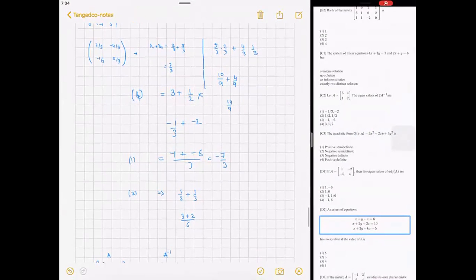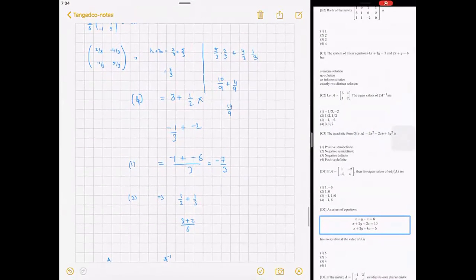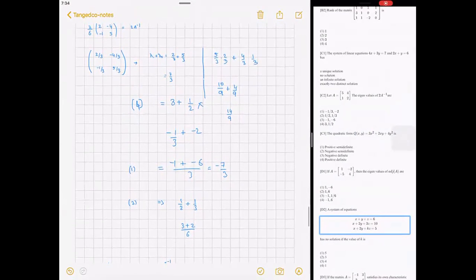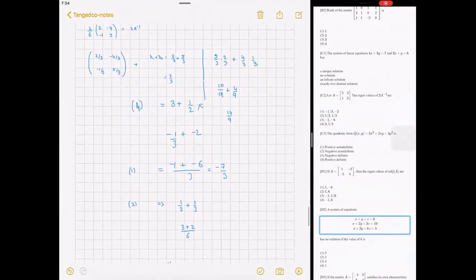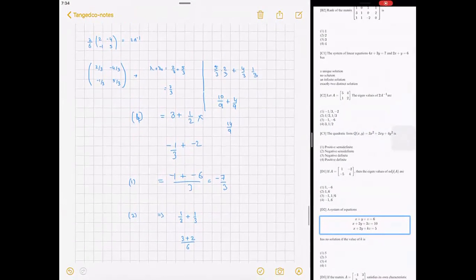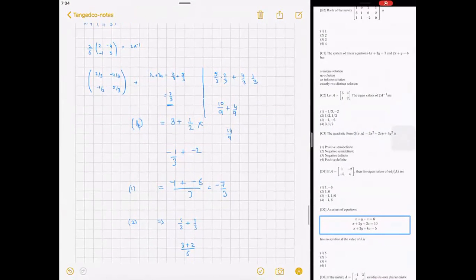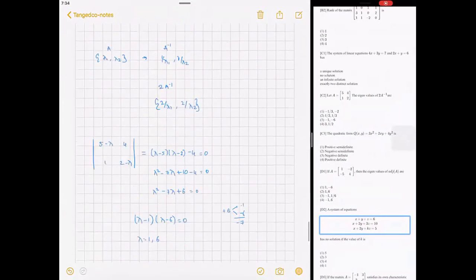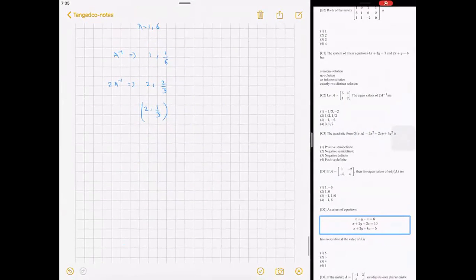Yeah. So what we get here is 7/3. That's right. If we add this 2 and 1/3, we get 7/3. Okay, so this is the idea.